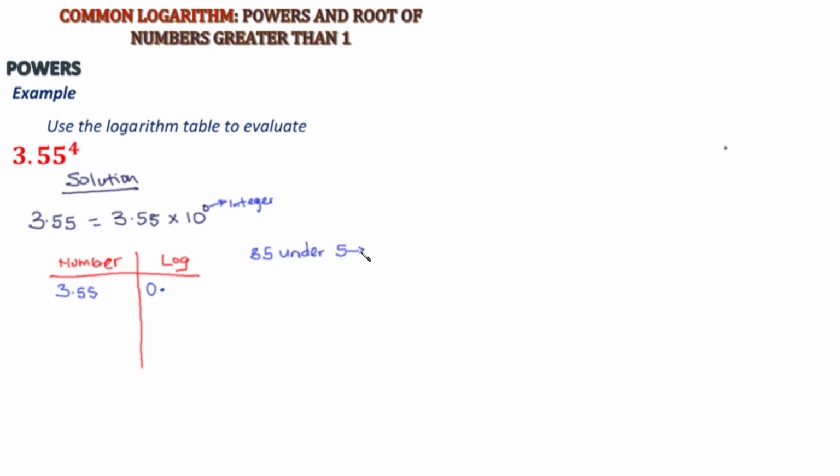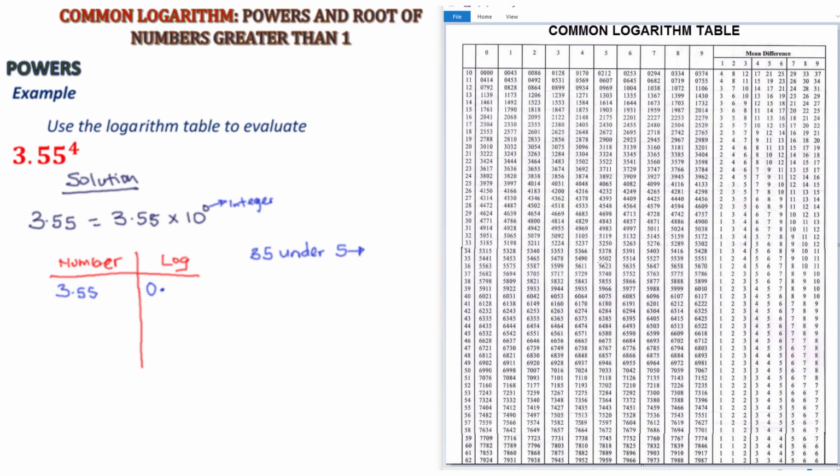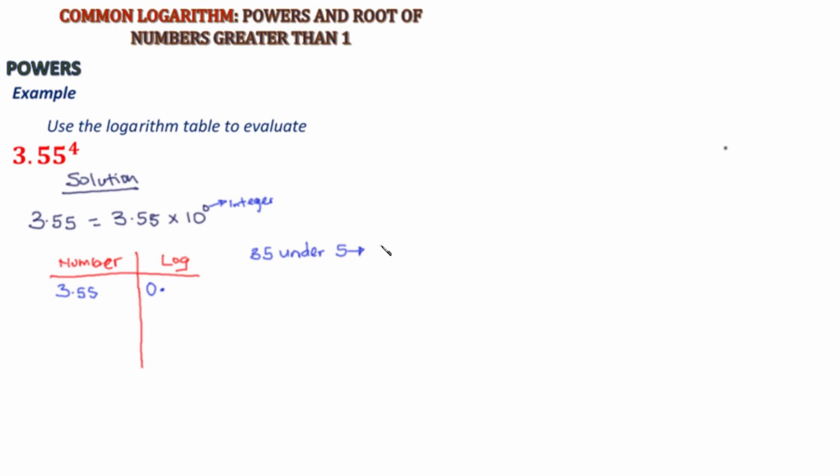What will that value be? From the logarithm table, you have 35 under 5 to be 5502. Then you come to the board and write it, 5502.